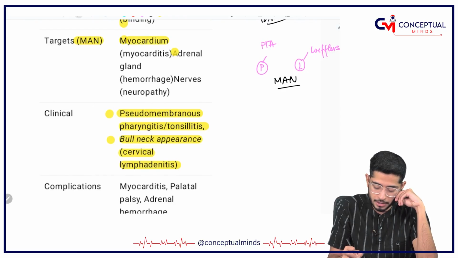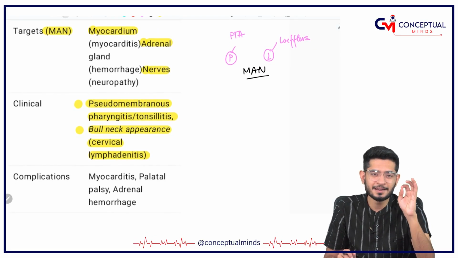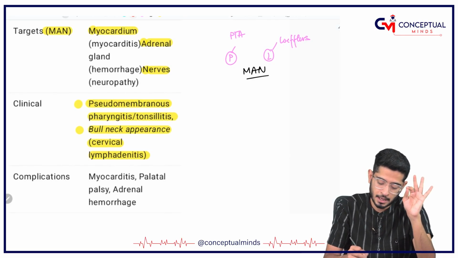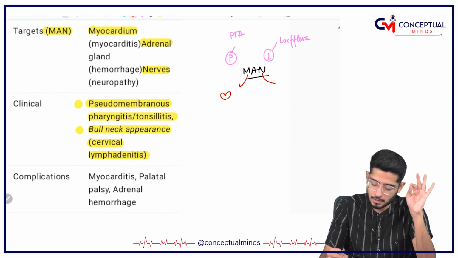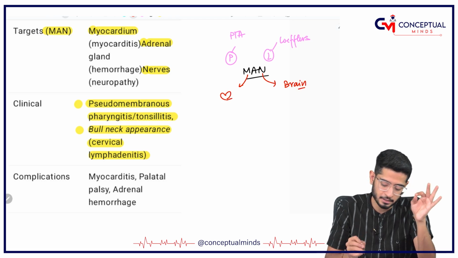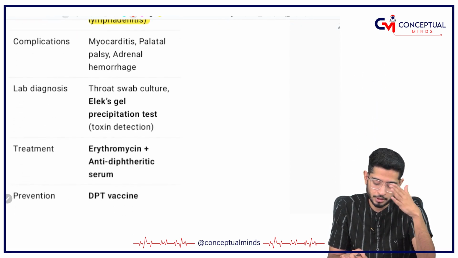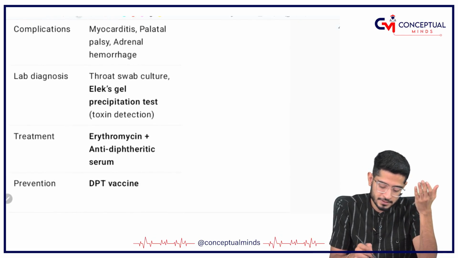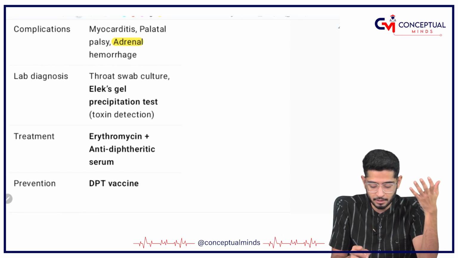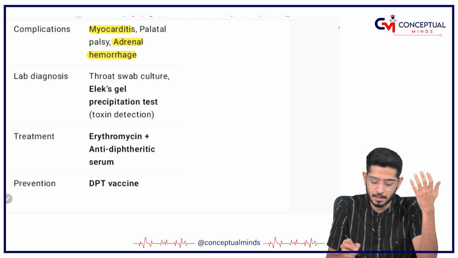M for myocardium, A for adrenal gland, N for nerve. Man can work by 2 things only, either the heart, that is myocardium, or the brain, that is the nerve, and A for adrenal, this you have to remember. Clinically, complications include adrenal hemorrhage and myocarditis.